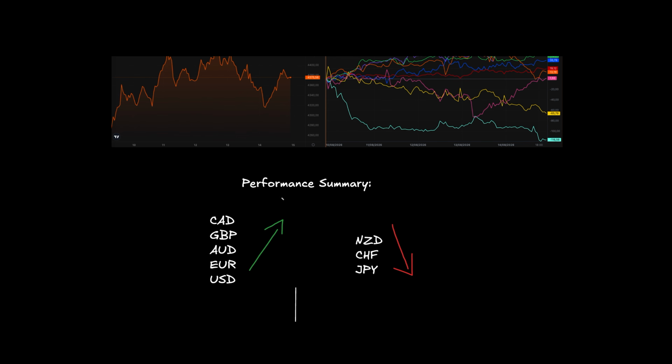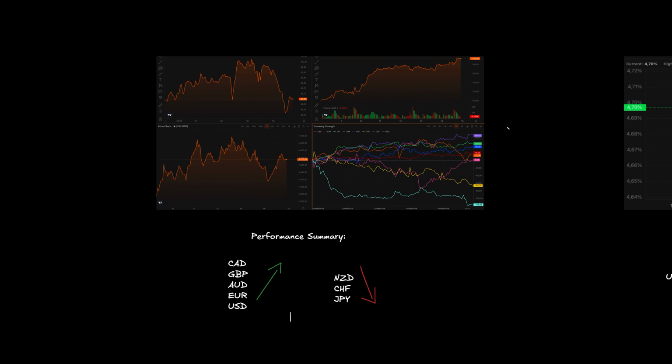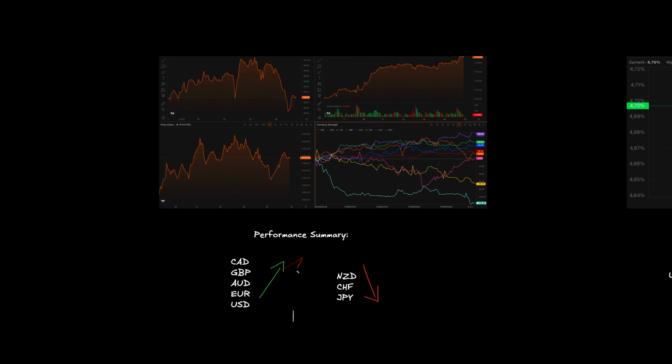So if we make a quick summary, the Canadian dollar, the purple one, the GBP, green, the Australian dollar, blue, the euro, red, and the US dollar, orange, are basically pretty bullish through the week. Upside momentum during the week.